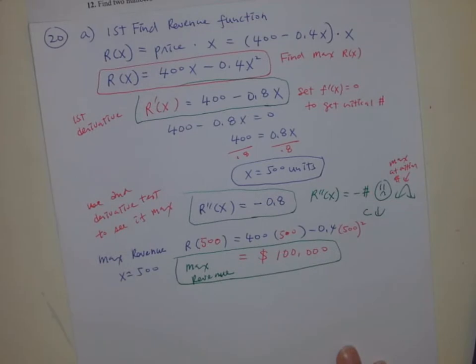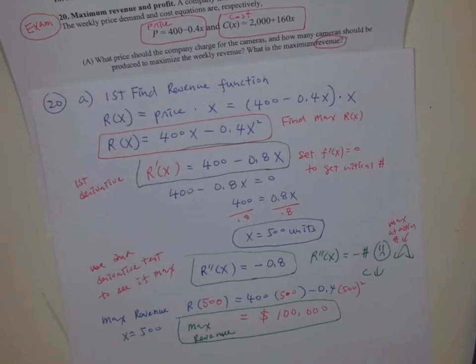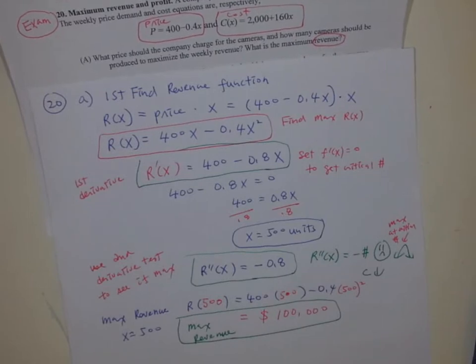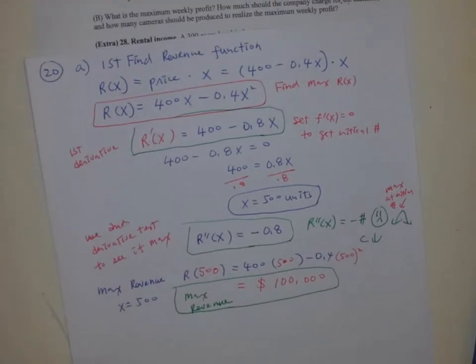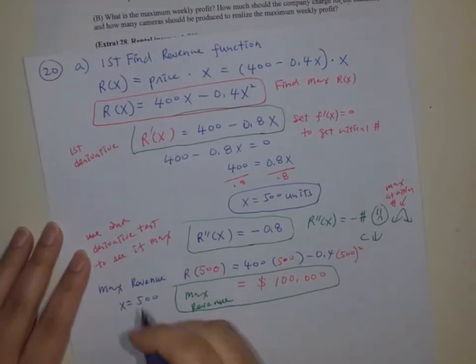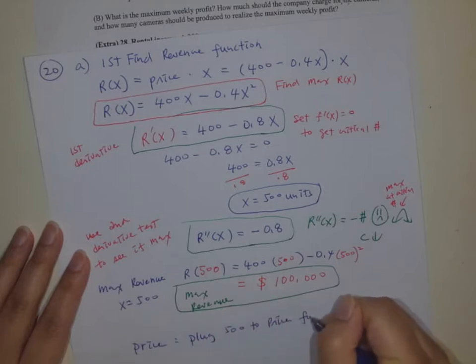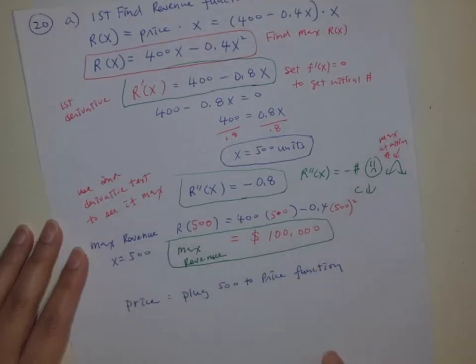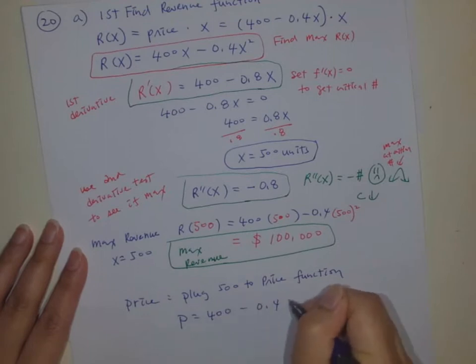On the question, they ask for how many cameras, the maximum revenue, and then what price. So for the price, we're going to need to plug 500 into the price function. P was 400 minus 0.4x, right?